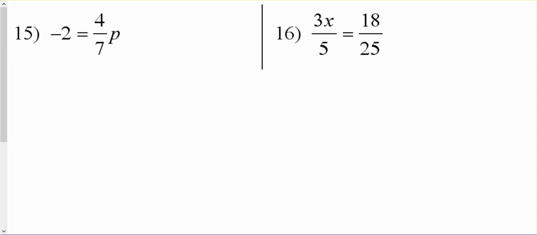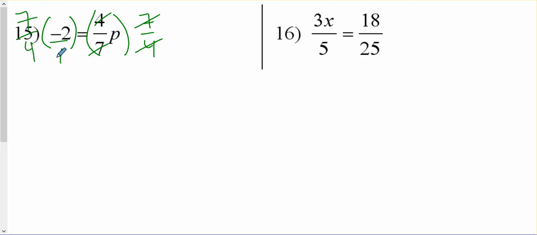Our next example, what's happening to our variable? Our variable is being multiplied by 4/7. So what undoes that? Dividing by 4/7, which is the same as multiplying by the reciprocal. The reciprocal of 4/7 is 7/4. 7 simplifies, 4 simplifies. What I do to one side, I have to do to the other side.